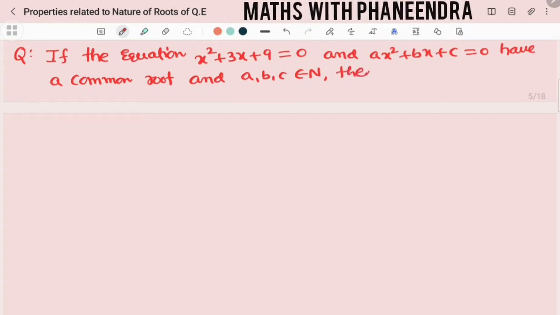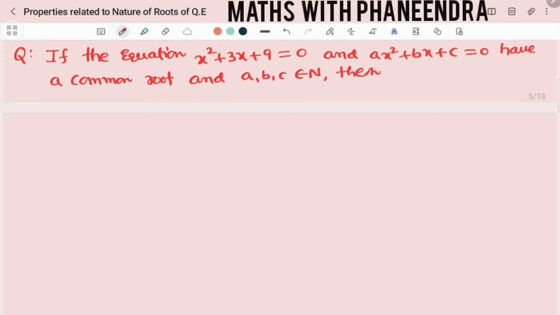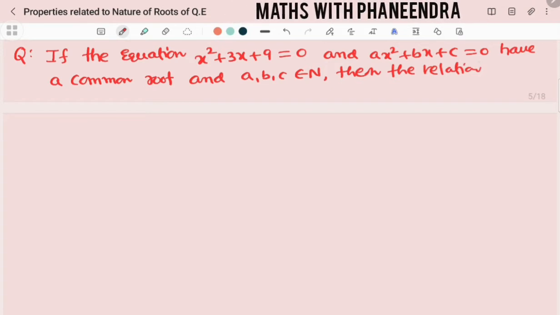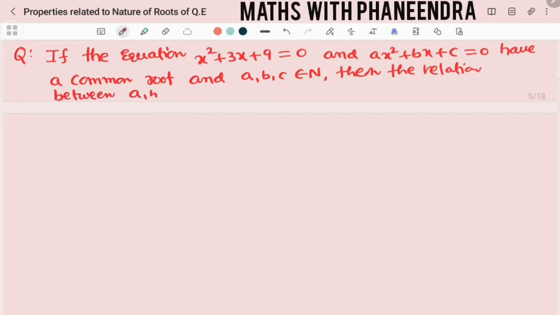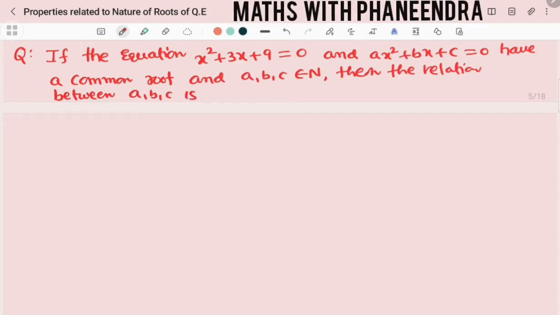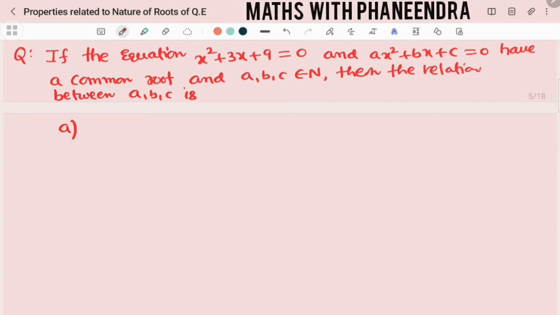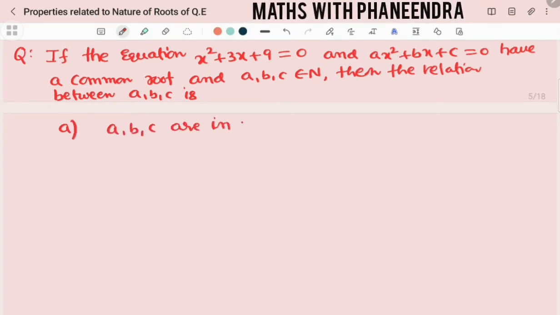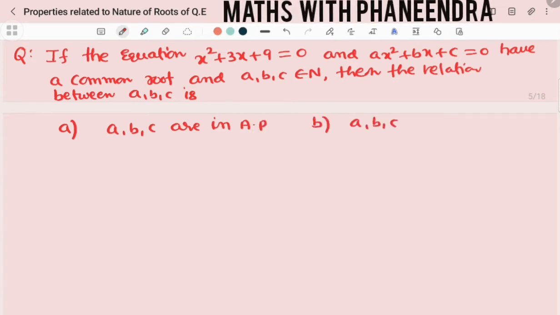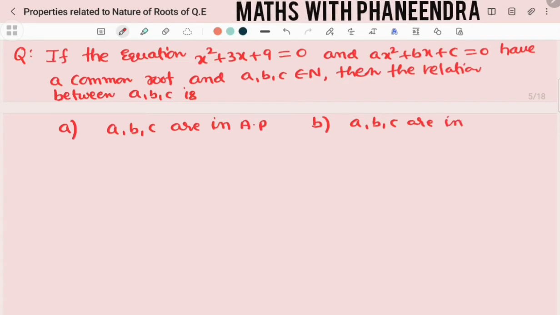then the relation between a, b, c is: first option, a, b, c are in AP; second option, a, b, c are in GP.